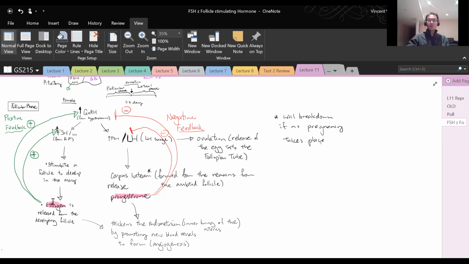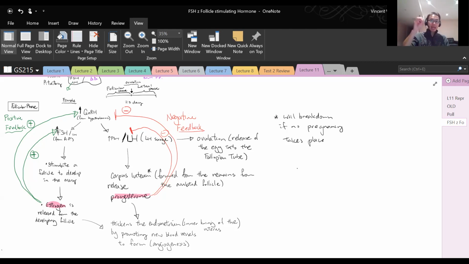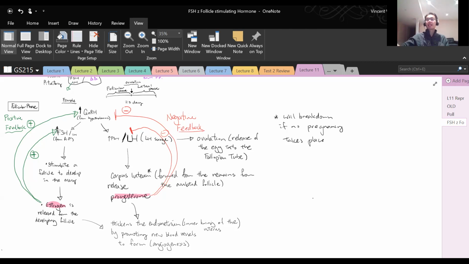Great. So what's going to happen if pregnancy occurs? Okay, so in the event that the sperm fertilizes the egg, and then the egg implants into the endometrium, what's going to happen? Well, one of the first things that's being developed after implantation is the placenta, right?